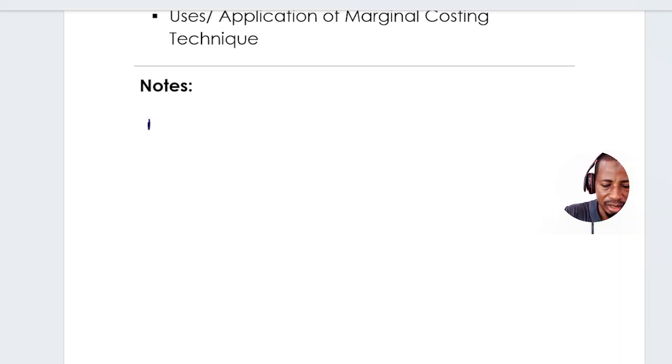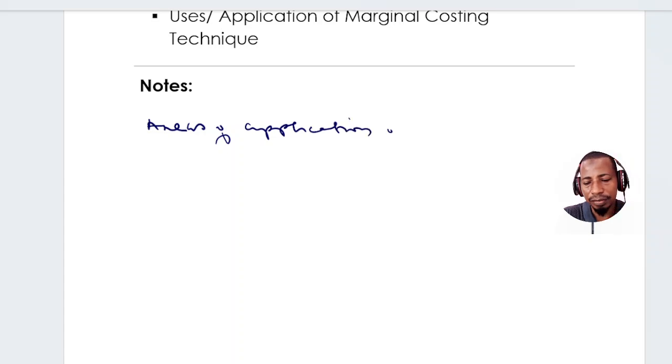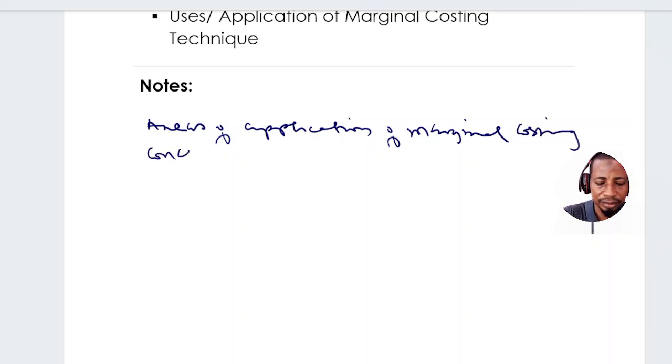Okay? Let me put it down. Areas of application of marginal costing concept. Okay? Number one, deleting of a segment.